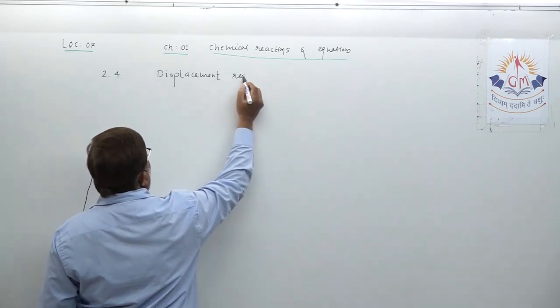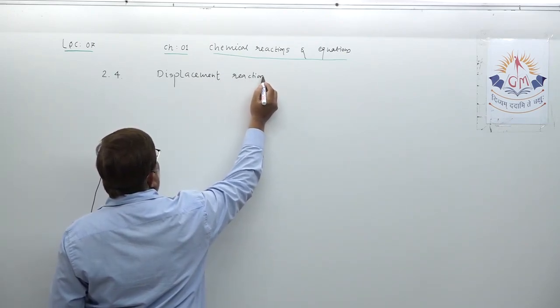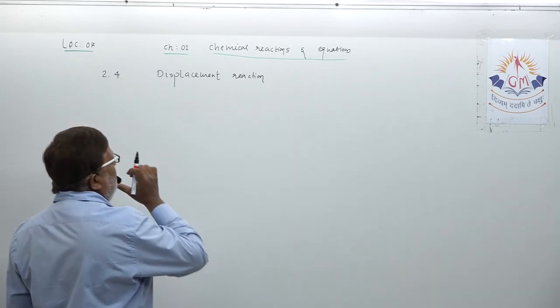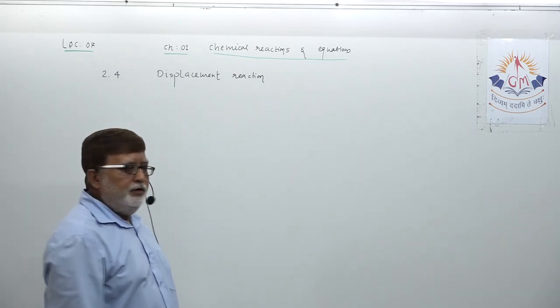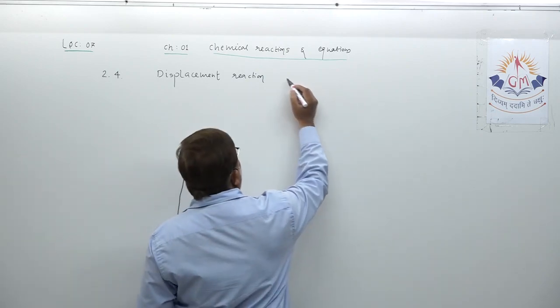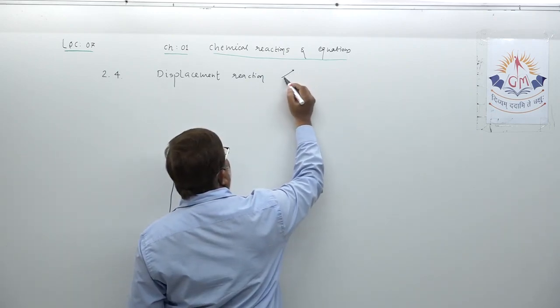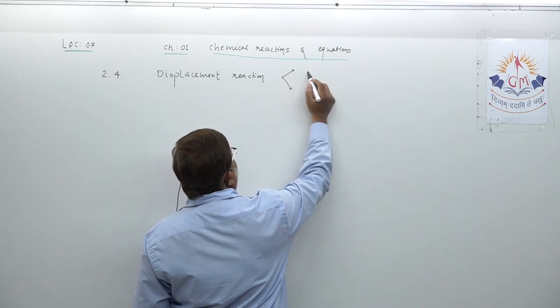We are going to study two types of displacement reaction. One is single displacement reaction, or you can call it mono displacement reaction, and the other is double displacement reaction, as we will discuss in the later half of the lecture.